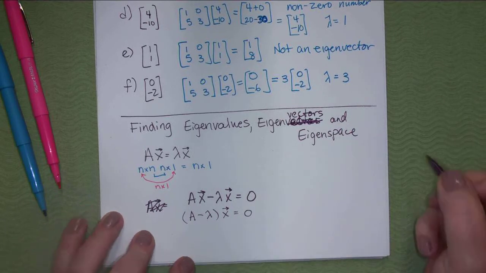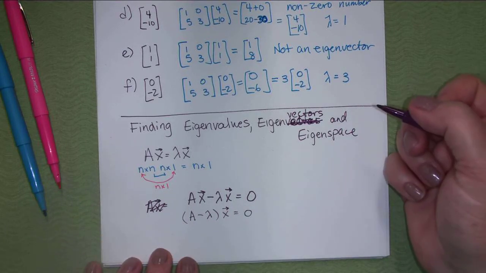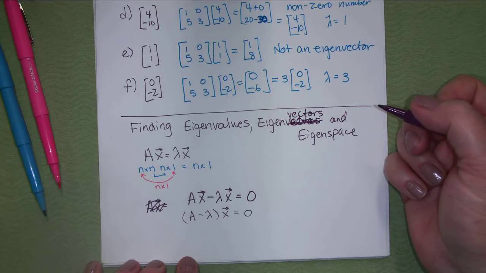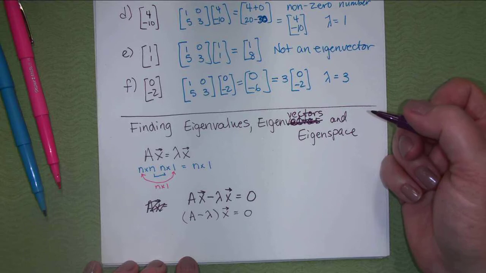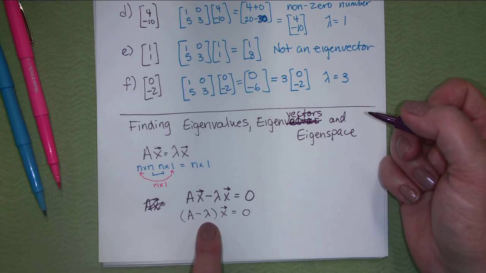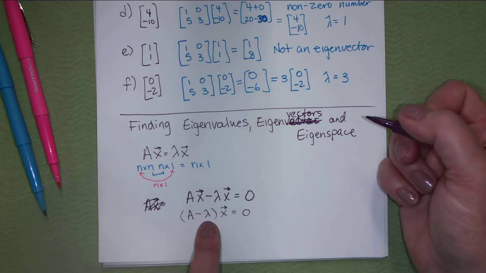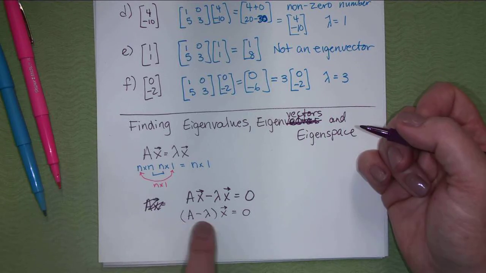And now this is no longer okay. What's wrong with it? Lambda is what size? It's just a number, 1 by 1 if you want. And this is an n by n. They're not the same size.